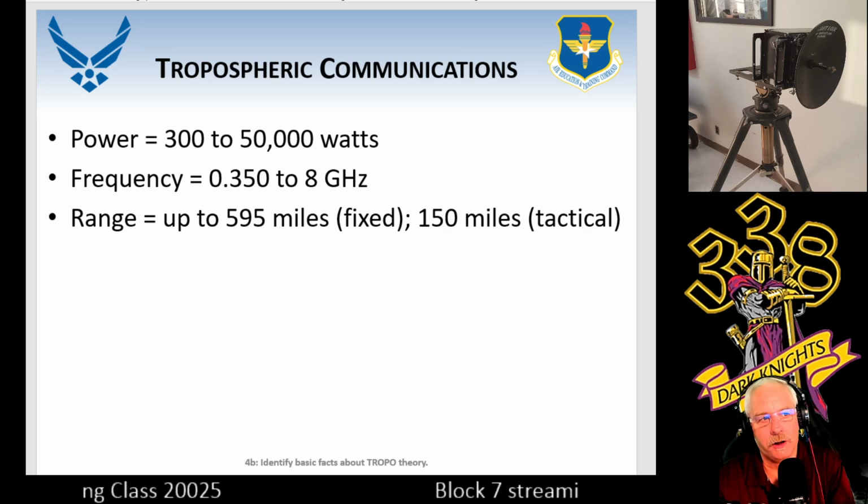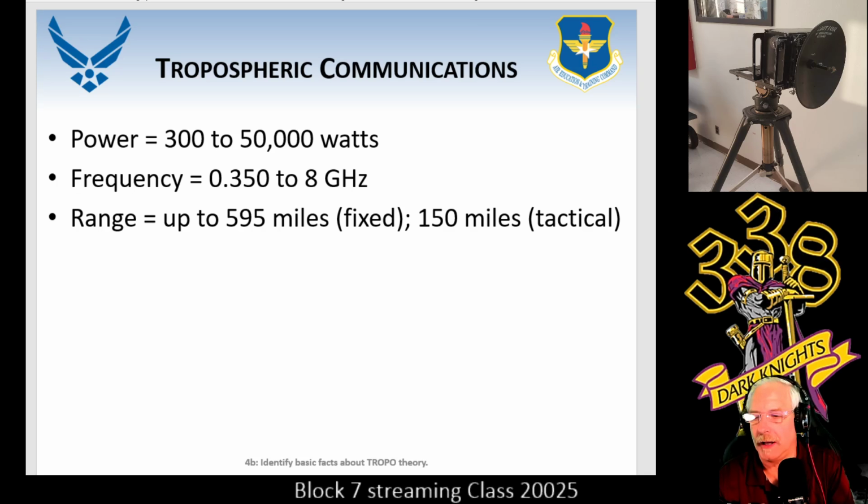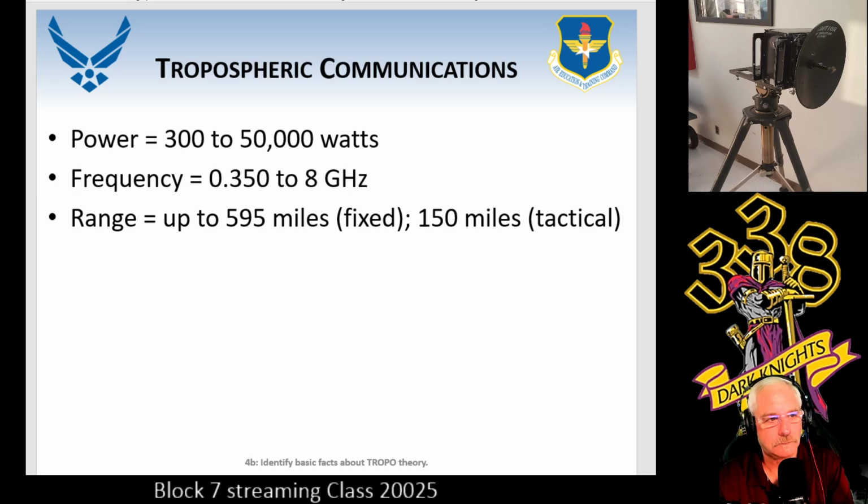Powers between 300 to 50,000 watts. Frequency ranges from about 350 megahertz to 8 gigahertz. There are some conditions where it will go down as far as 50 megahertz, but again, conditions have to be really good for that to happen. When we deal with frequency ranges of 350 megahertz to 8 gig, these are consistent.